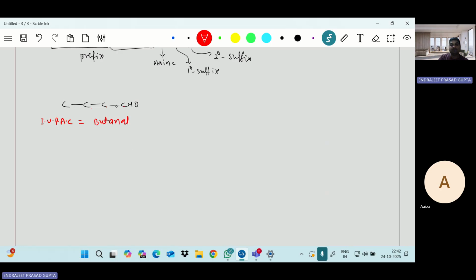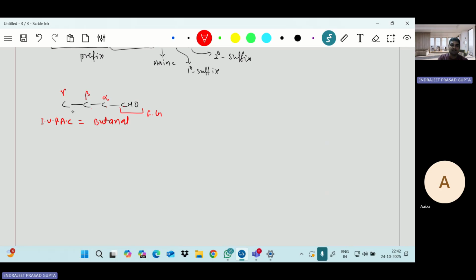But the common name will be different. This is the functional group, and the carbon the functional group is attached to is called the alpha carbon, and in the vicinity of this alpha is beta, and the carbon adjacent to beta is gamma. So alpha, beta, gamma.